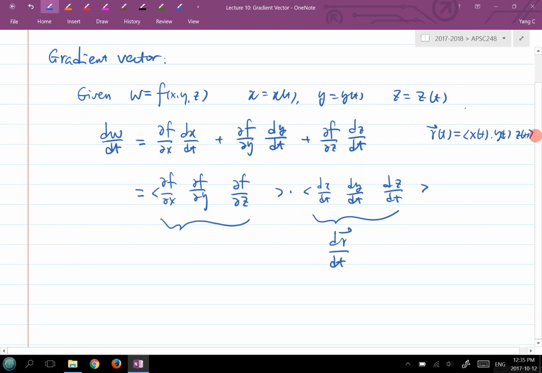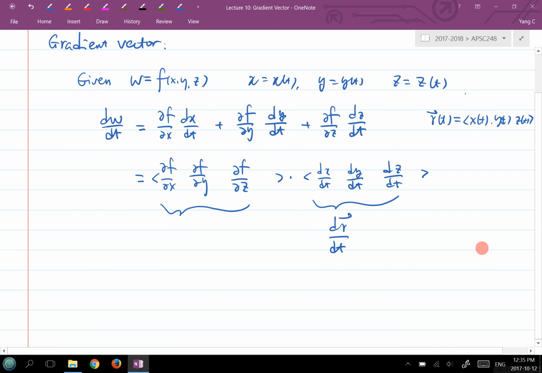The first one here is something new. This is actually what we're going to define: a new vector. It's that inverted triangle symbol; I think I have covered it a little bit before. We're going to define this vector as partial f over partial x, partial f over partial y, partial f over partial z.